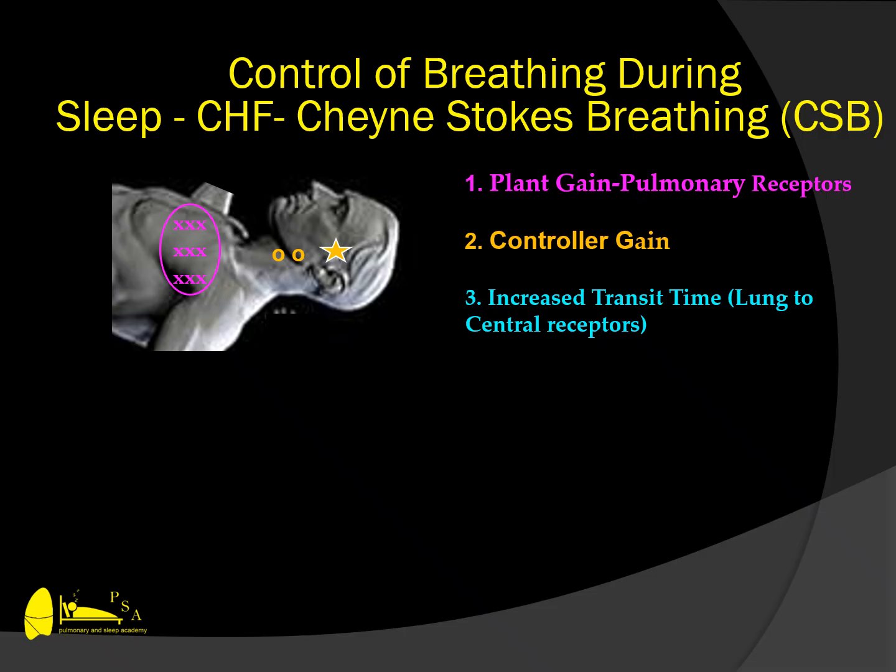For instance, the transit time that normally takes 10 seconds to pump blood up to the brainstem may be more like 20 seconds or 30 seconds, and the medulla is getting a signal that is late, and this results in an inappropriate and a delayed response.